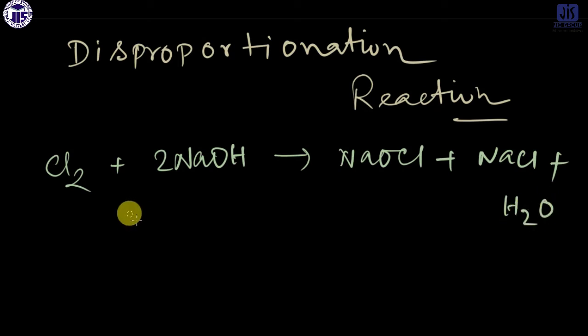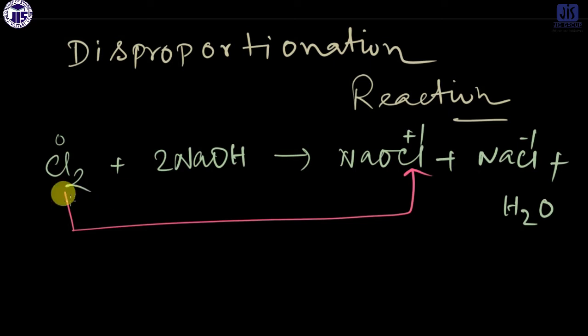So now look here, Cl is 0, no problem, and in NaOCl, Cl is plus 1 and here Cl is minus 1. So Cl2 to here, it is 0 to plus 1, which is the example of oxidation.